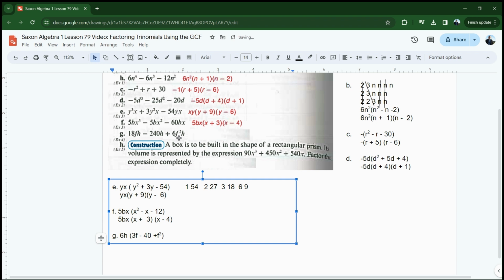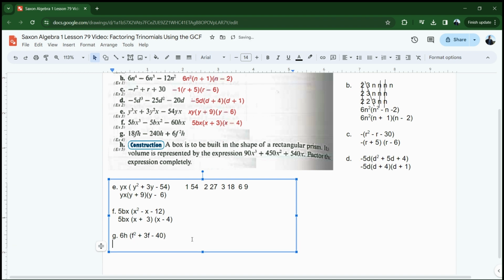And now I noticed the trinomial in parentheses is not in standard form. So I'm going to rearrange a little bit. I'm going to take the F squared and move it up front. It's going to be F squared plus 3F, because the 3F was always a positive, minus 40. So there we go. That's what it's going to look like.